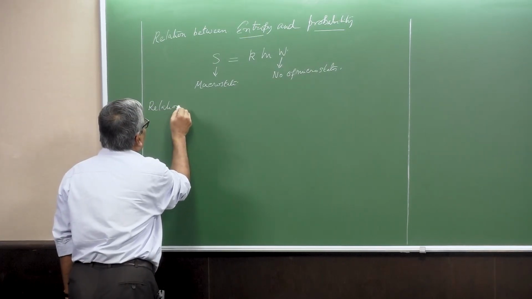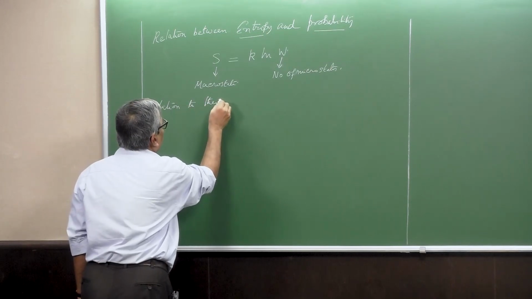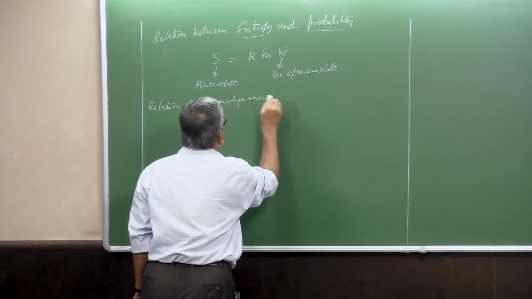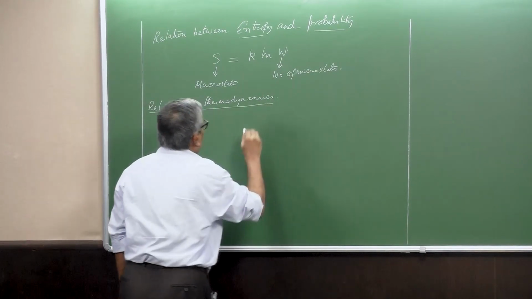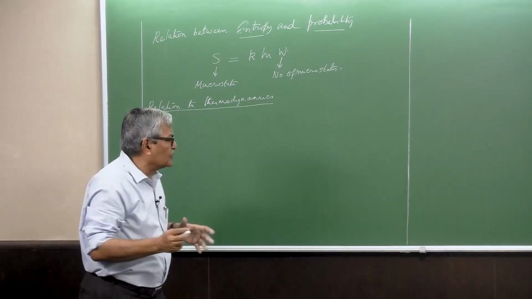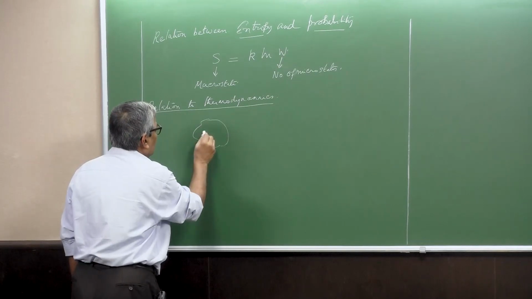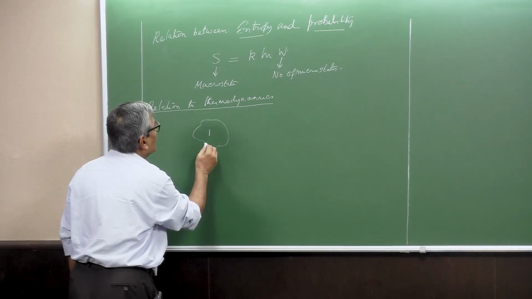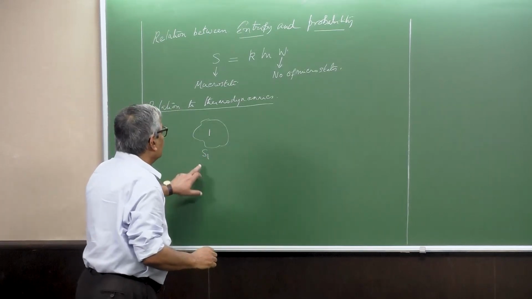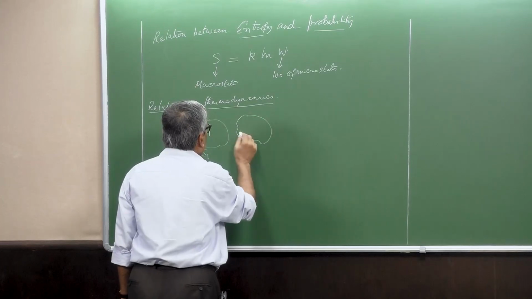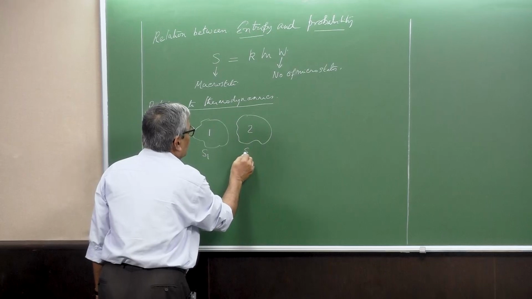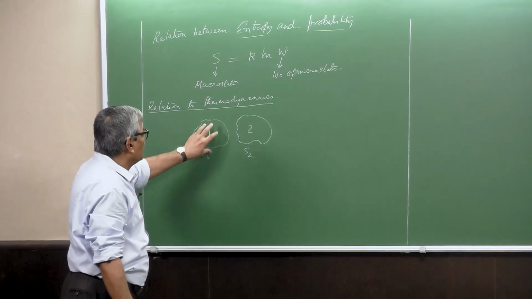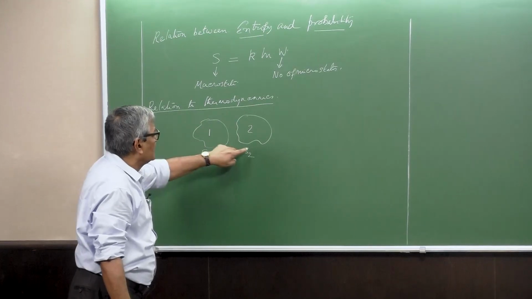For this, we consider a macro state of a system, a macro state 1 that is given by S1, and another macro state 2 with entropy S2.